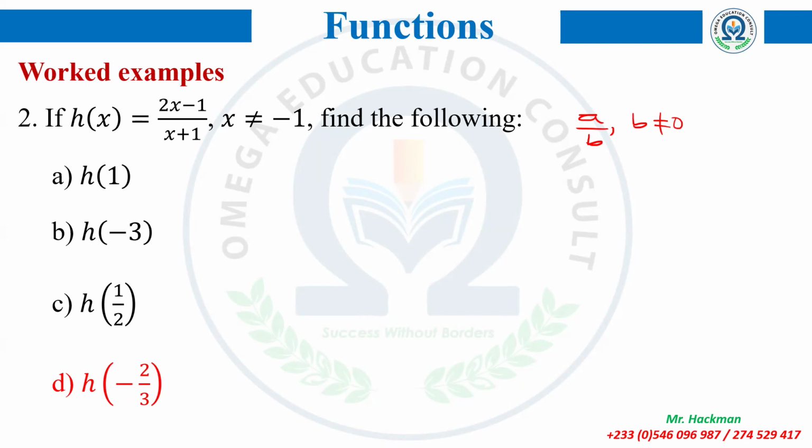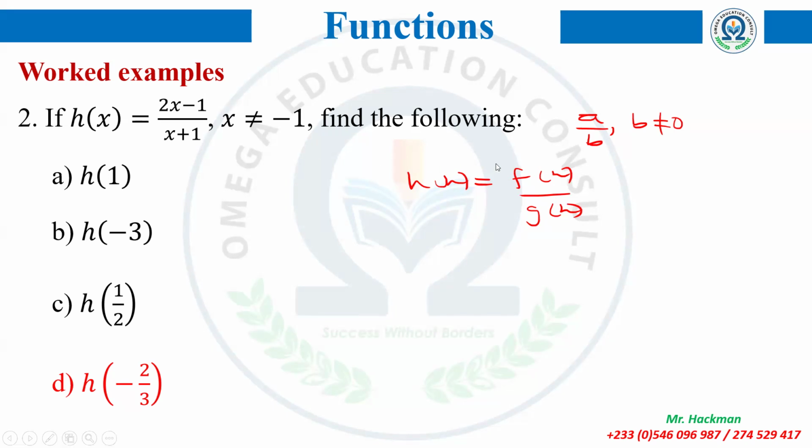So it means the numerator here, if it's an expression, I can say that this is also a function. The denominator here, if it's an expression, I can refer to that as a function. So indirectly, I can say that my h of x will be equal to a function f of x over another function j of x, where f of x is 2x minus 1 and j of x is x plus 1.